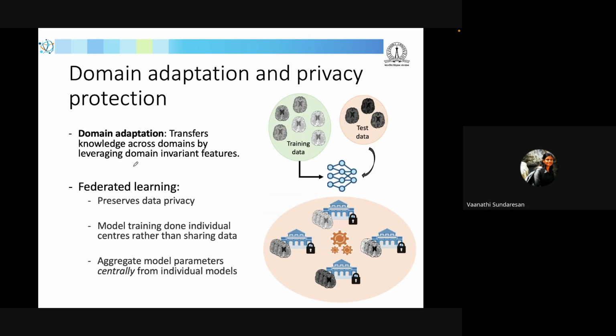Okay, great. So the next important topic I'm going to talk about is domain adaptation and privacy protection. I have mentioned domain adaptation a couple of slides earlier, but let's formally get introduced to the term. When you take data from multiple sources, which is very essential for medical imaging because you need models that work on multiple sources, and also data is so scarce that you cannot take data from one source only, whatever information you get, you cannot throw away.